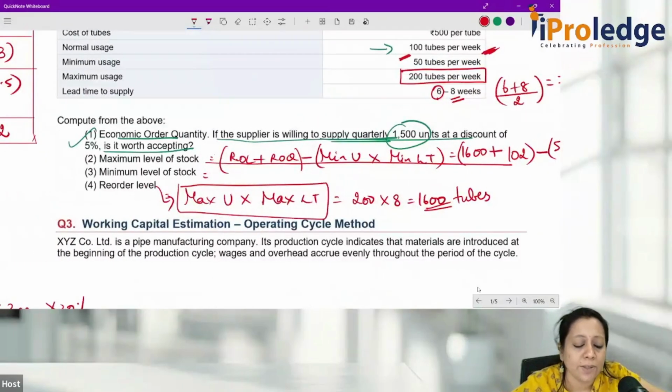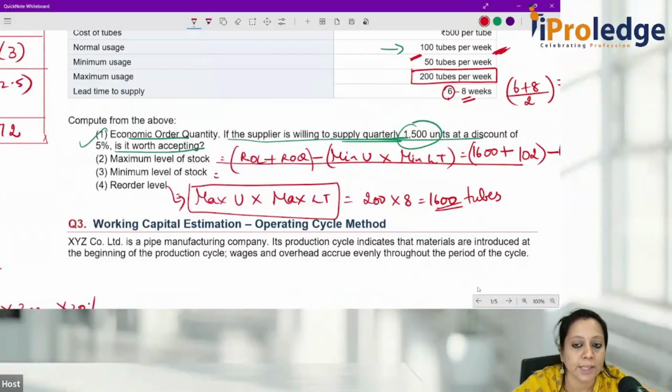I have not chosen a very complex question for working capital, because most of you have understood everything in the regular class. So it is only for practice and recalling purposes. You can nevertheless practice at home. And once in December, in the recent exams, 24 or 23, working capital was asked for 12 marks, 20 marks.